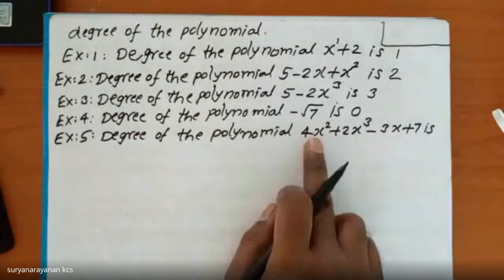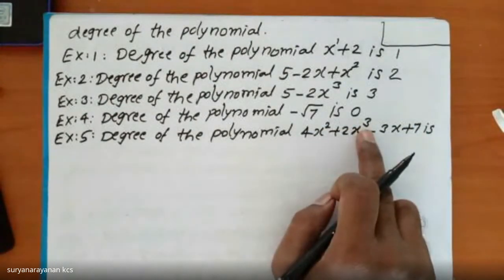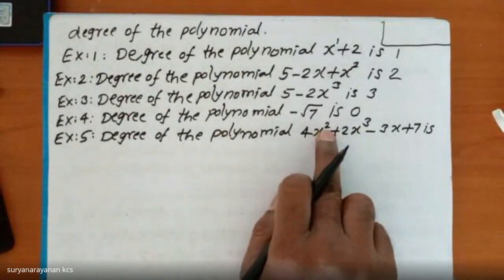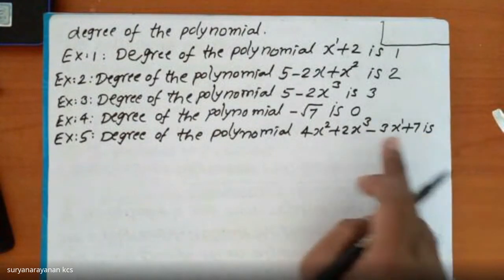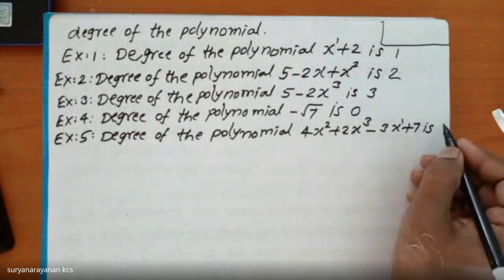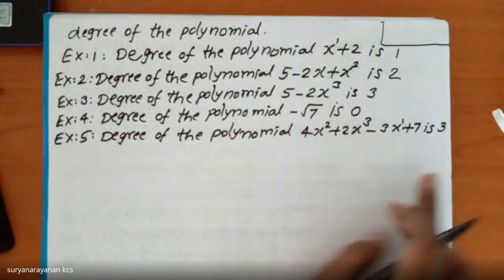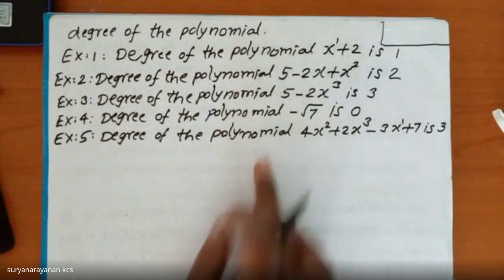Sir, 3. Yes, we have to observe the exponent of x. The highest exponent of x is 3. Here 2. Yes or no? Here 1. So out of these three numbers, 3 is the highest number. So that number is called the degree of the polynomial. Okay.